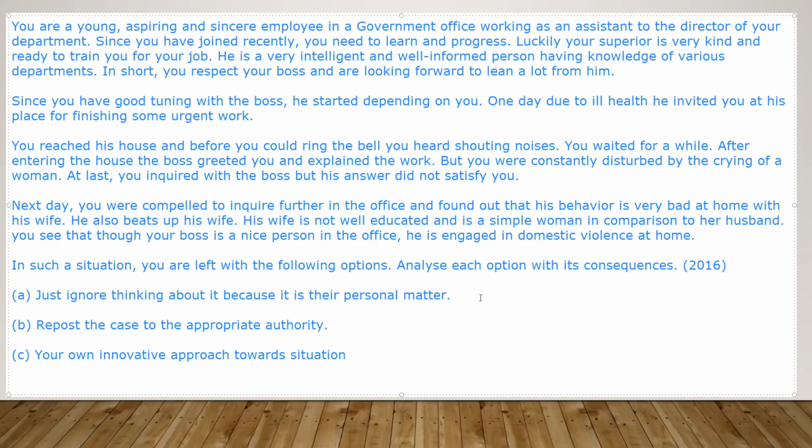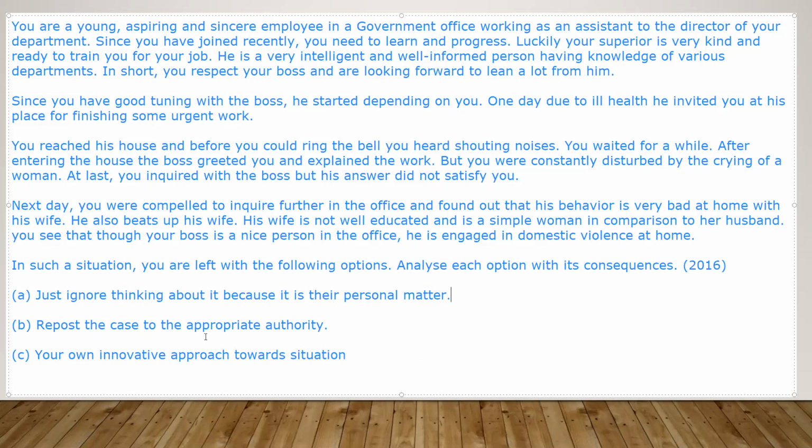So you will not accept this. So analyze each option with its consequences. So, just ignore it because it is their personal matter. You are going to write in the consequences and analyze that it cannot be the solution because you are a young, aspiring, and sincere employee and it is a legal offense. So you will not accept it.